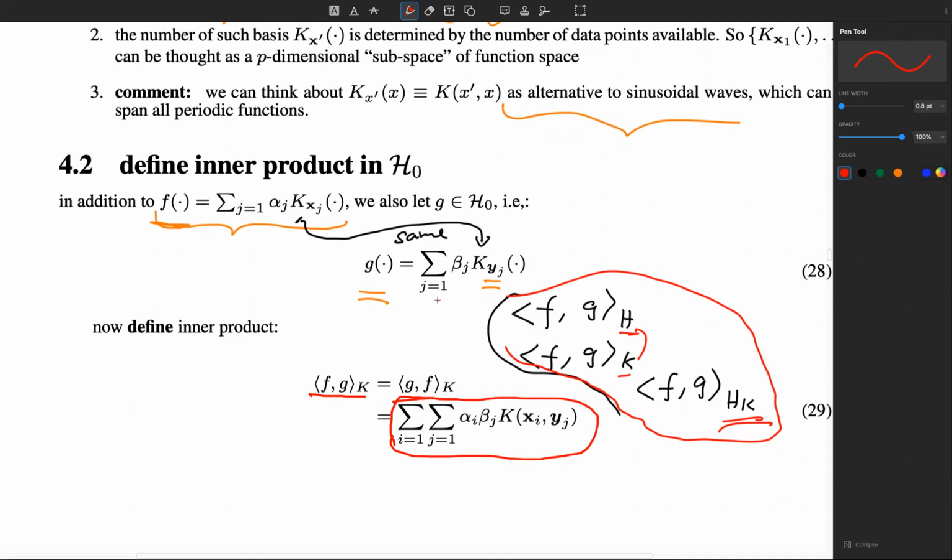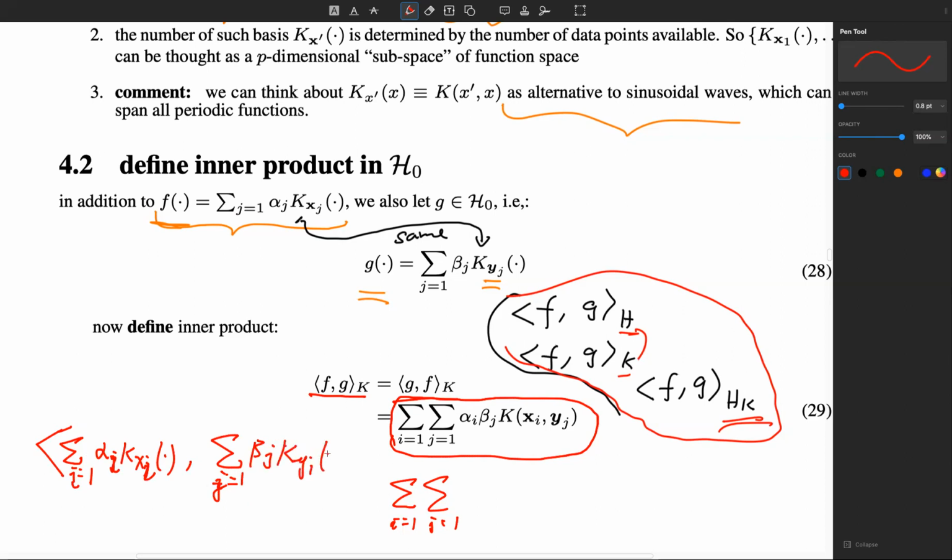So what I'm doing is this. If I plug this in, it should be the sum over j equal to 1 of alpha j k x j, and you have another summation here, over i equal to 1, sorry, I should be using i here, and I'm using j, beta j and k y j, and that's another function.